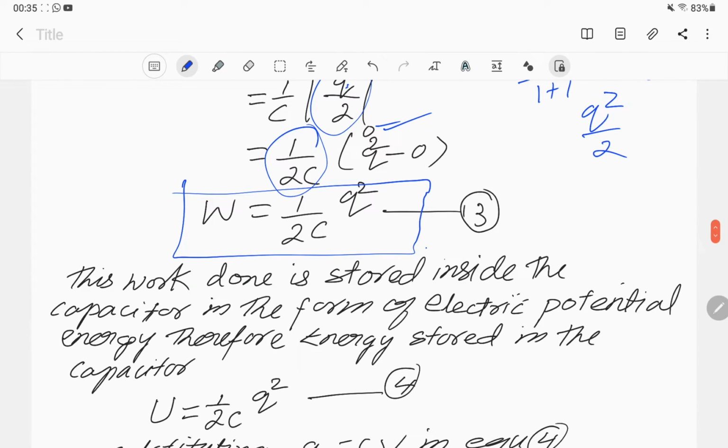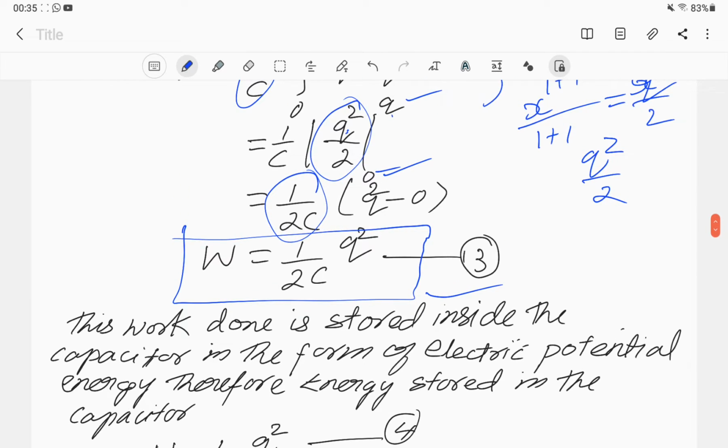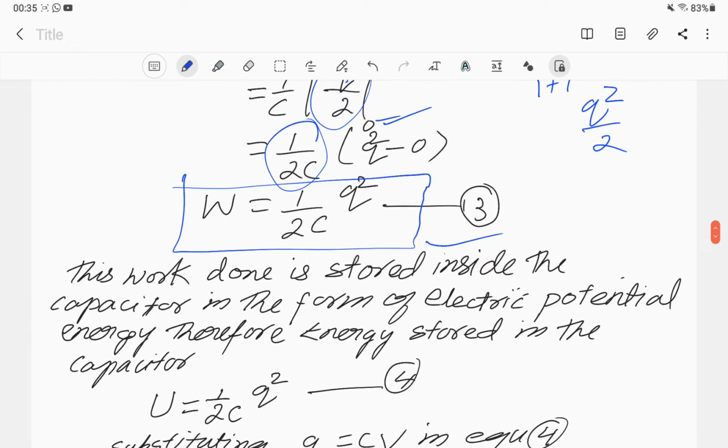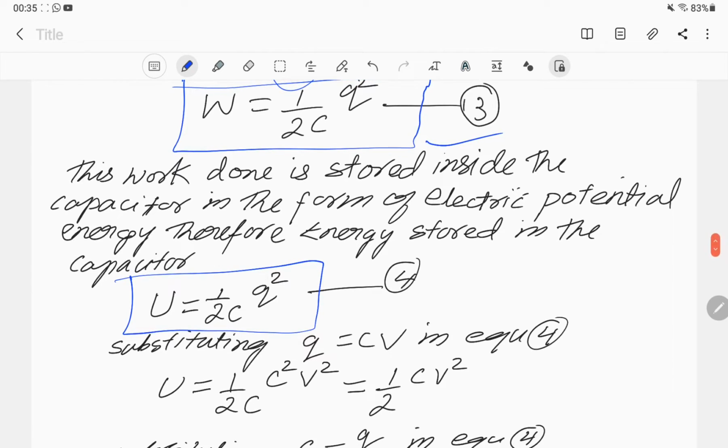This is the total work done. This total work done is stored as electric potential energy inside the capacitor. Energy is denoted by U, so just replace W with U. So U equal to 1 by 2C Q squared.